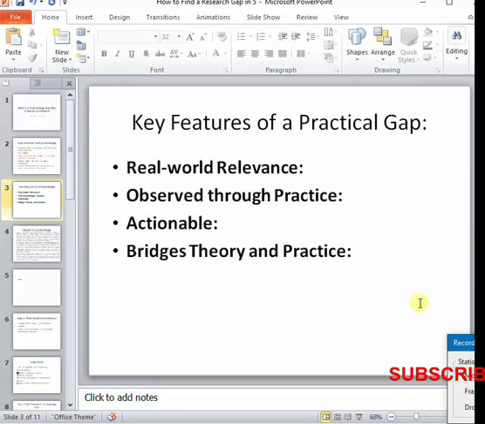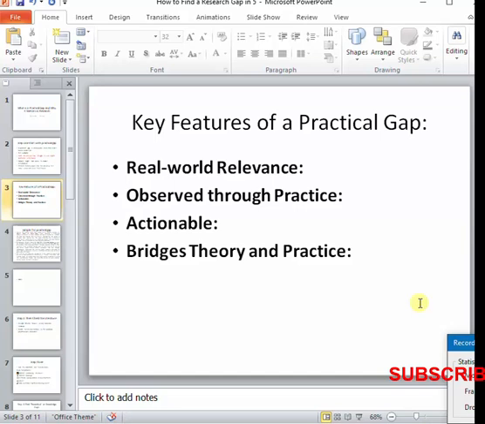has some characteristics. For example, it has real world relevance. Practical gap is real world relevance, meaning it deals with real life issues, not just academic issues. In the case of practical gap, you state real life issues, not a theoretical gap, knowledge gap, empirical gap, and so on.